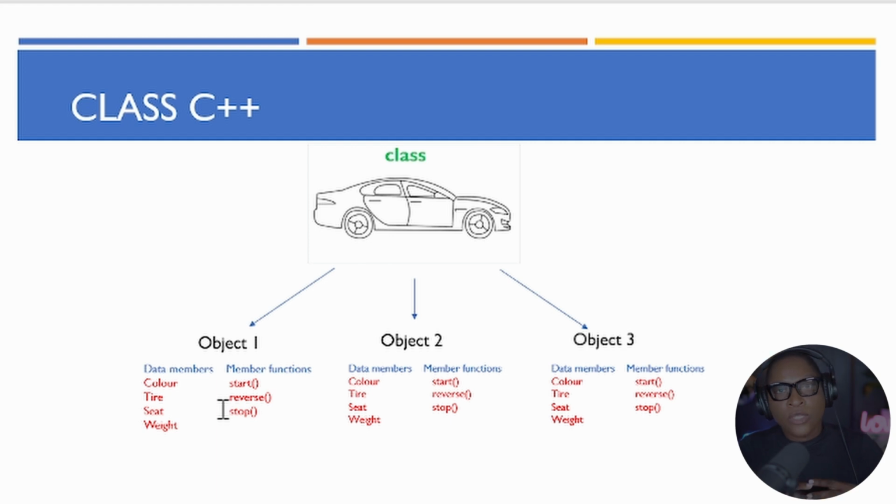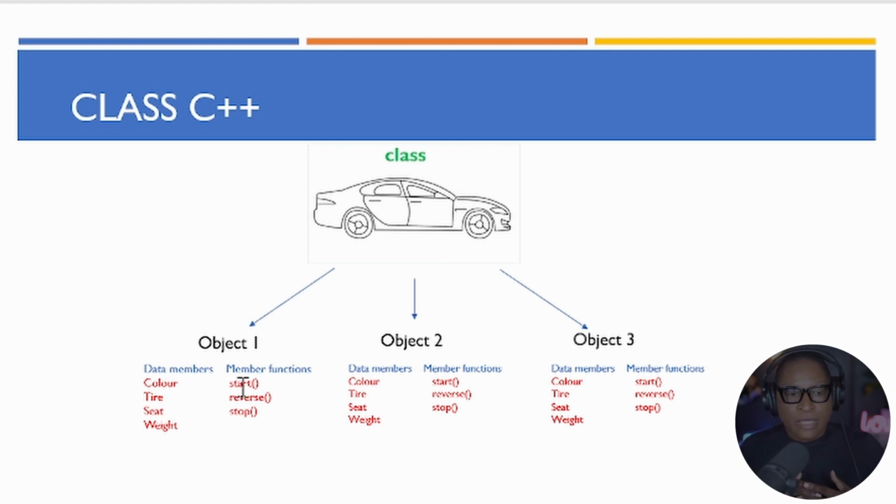Now, when you create that blueprint, you can give other cars their different attributes or their different actions. For example, maybe car 1, which is object 1, you will probably want it painted white. The tires probably will be 18-inch. The seat will probably be red.